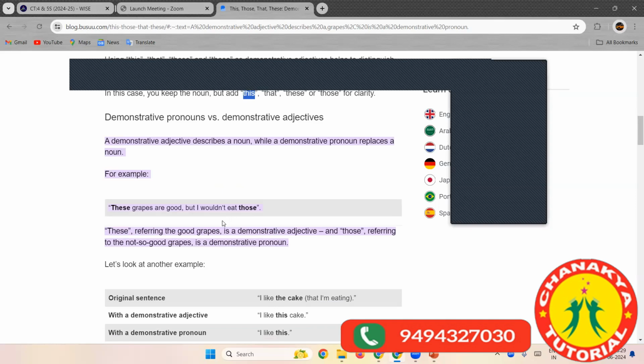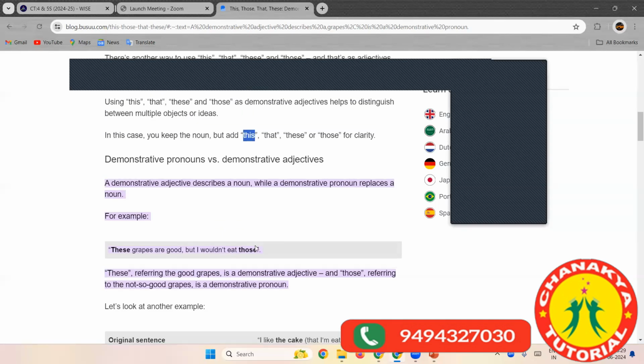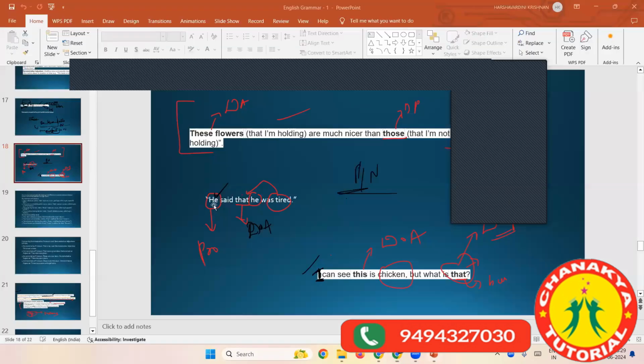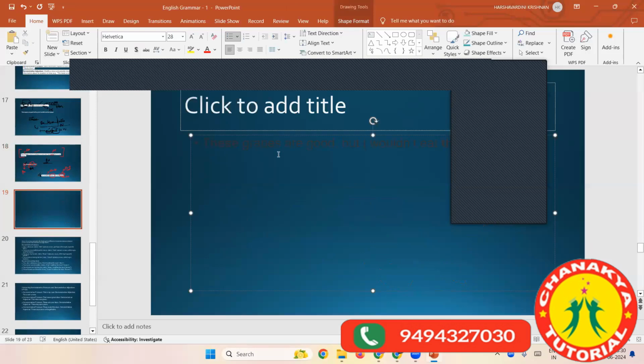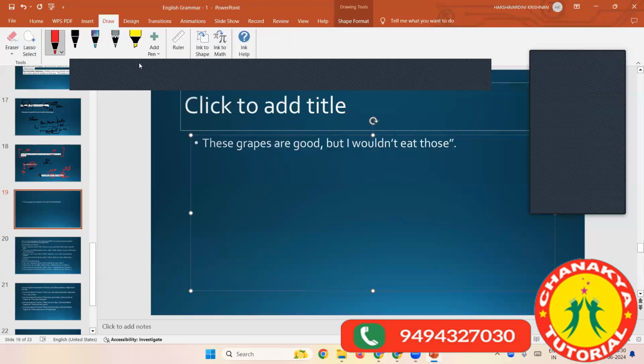These grapes are good, but I won't eat those. See the sentence very carefully. These grapes are good, but I won't eat those.